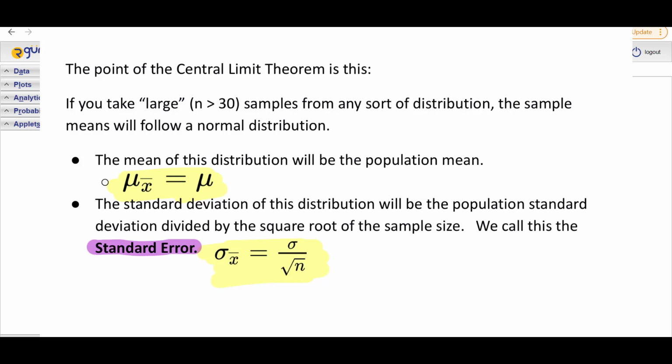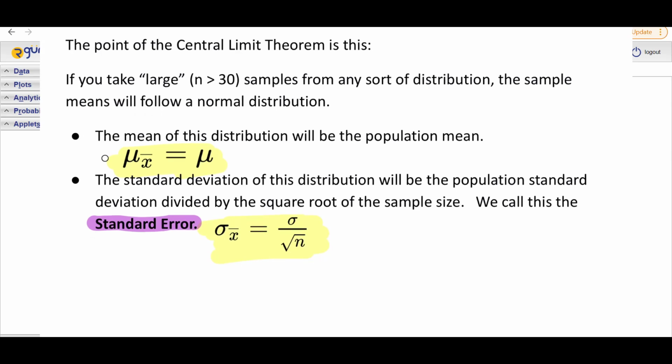So basically, if you know those two facts, you know that if you take a large enough sample and you took a large number of samples over and over and over again, the means would form a normal distribution with a mean that is the same as the population mean and a standard deviation equal to the standard deviation divided by the square root of n. Then you can use the technology we used before to find proportions and probabilities using these facts, using these properties.